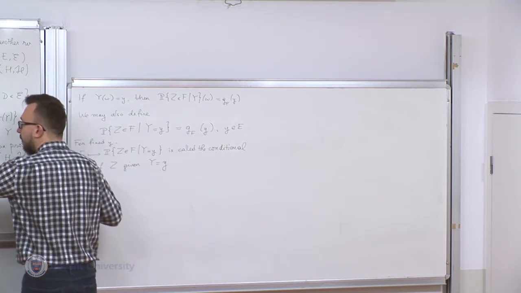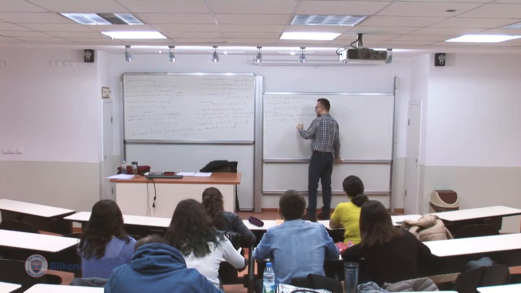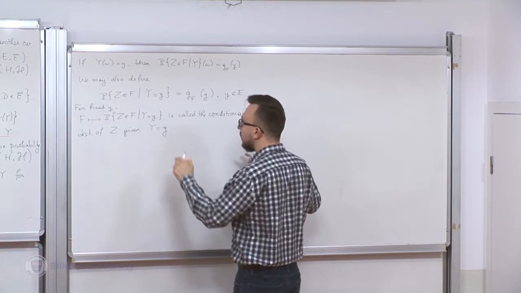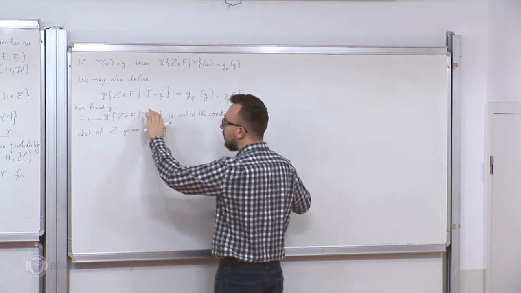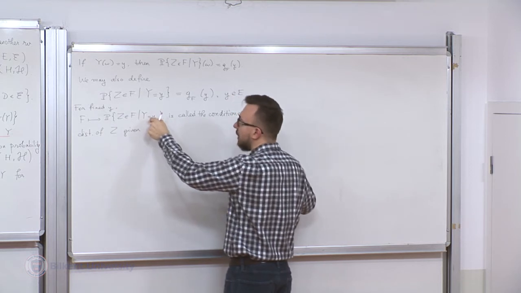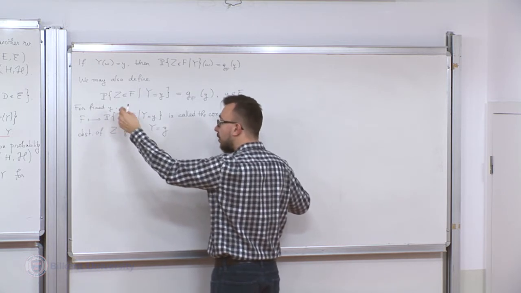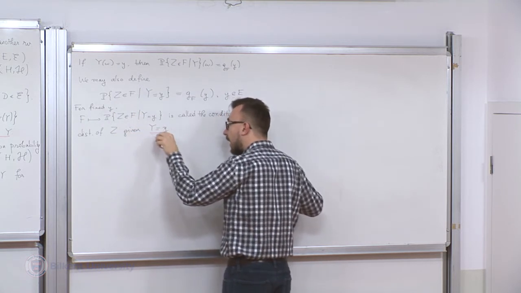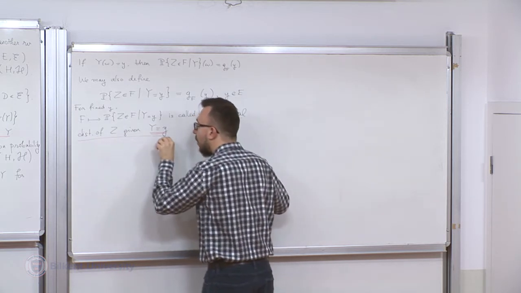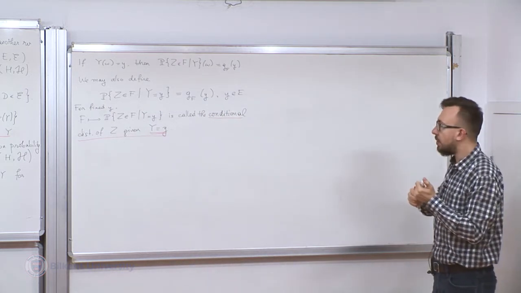This, as a random variable, is called the conditional distribution of Z given Y. And this is now what? Just some values, right? So this is deterministic because we're telling the exact value of capital Y. So this is going to be a probability measure, not a transition probability kernel, because we're fixing the value of Y. So we call it the conditional distribution of Z given Y is equal to little y. And they are pretty much the same thing, just a language issue.